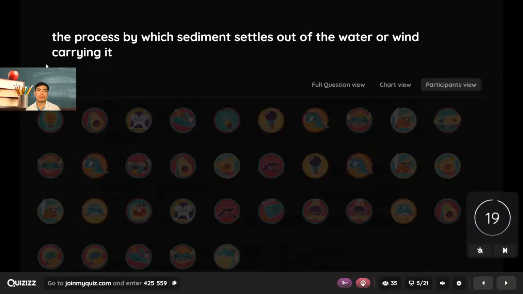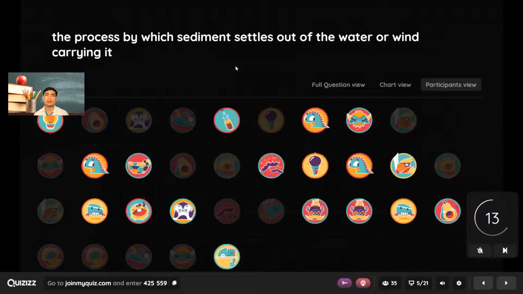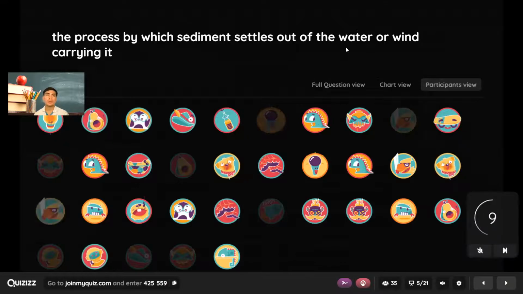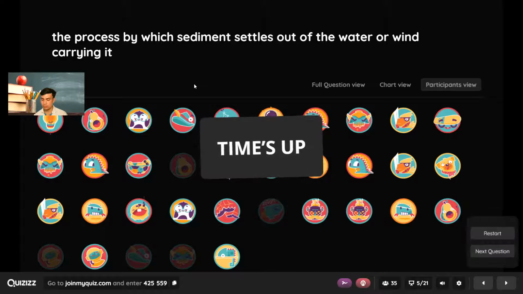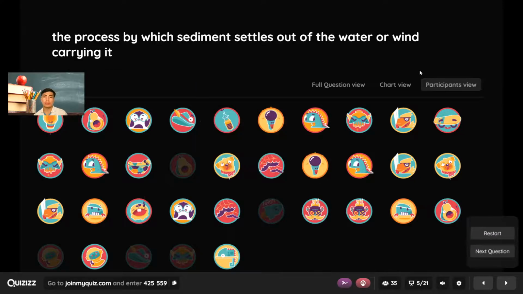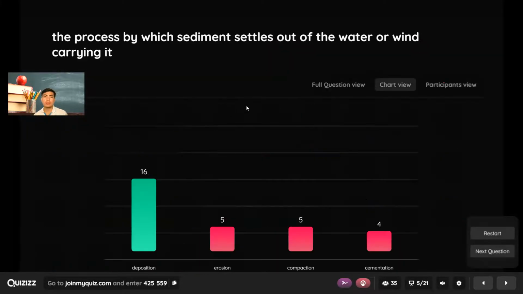The process by which sediment settles out of the water or wind carrying it. Okay. Let's proceed to the next question.